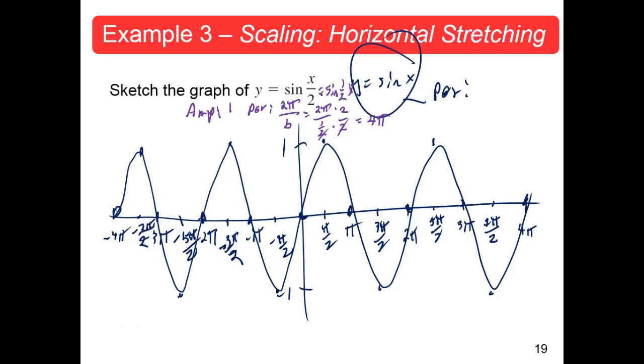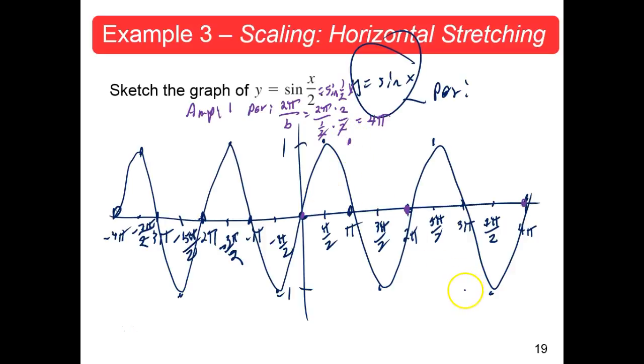That's why I drew it to 4 pi. So you're going one period from 0 to 4 pi. And what's halfway, and by the way, your zeros there. This is a sine function. What's halfway in between those two zeros? Another 0. But what's halfway between your first two zeros? Your maximum, your plus amplitude, which is 1.